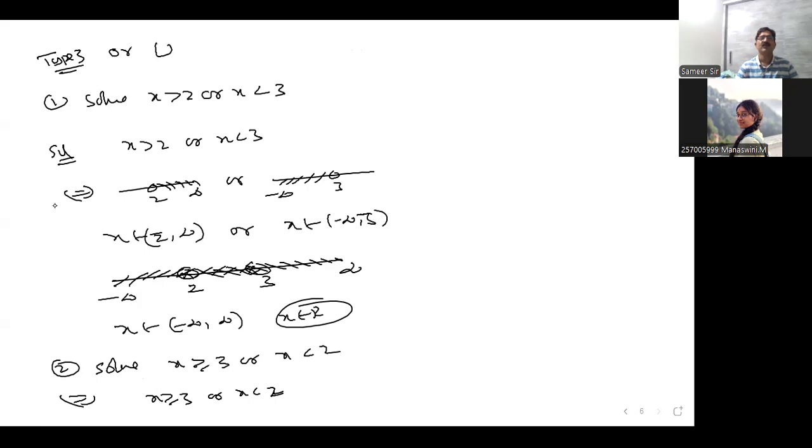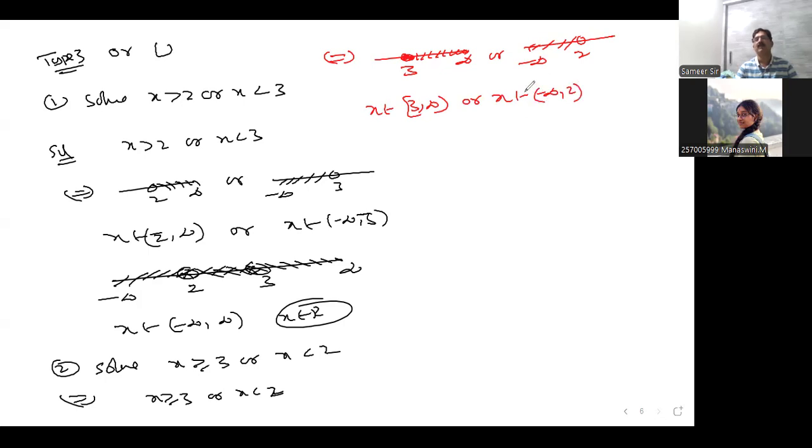We can write it this way: 3 to infinity, but the circle is closed, equal to is there. Or here it is 2, it will go to minus infinity. So now x belongs to 3 to infinity, or x belongs to minus infinity to 2, open.